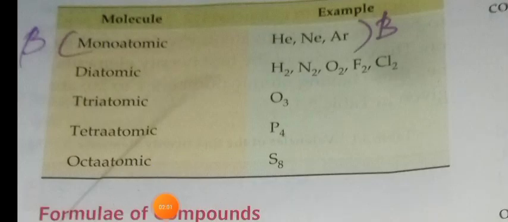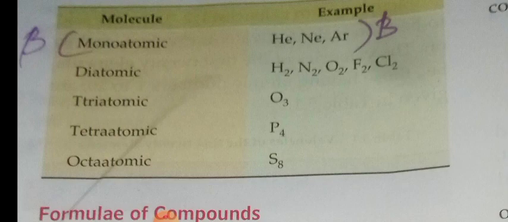The symbol of an element represents the element and one atom of it. For example, He and Ar are called monoatomic; they represent one atom. If more than one atom of an element is present, it is indicated by a numerical subscript, like diatomic H2, N2, O2, F2, Cl2.